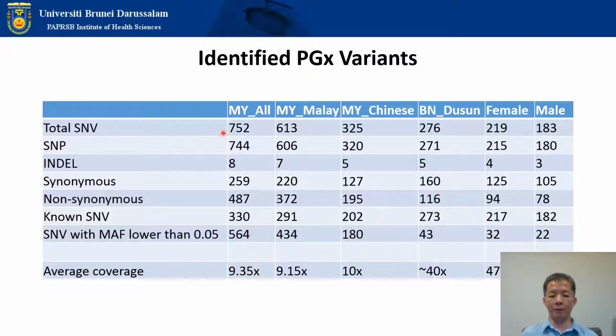Now the lower number here is mainly because we only have two samples here compared to 104 samples there. Obviously, the more samples you have, the more variants you will expect to find as well.